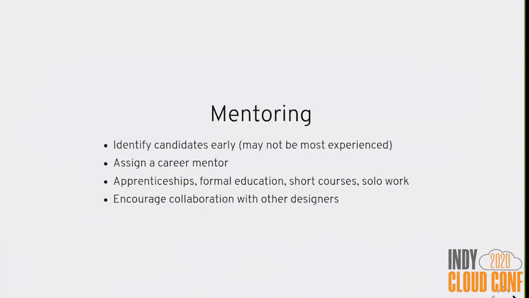Send them to conferences like this one, whether they're online or in person, so that they can work with and learn from others who are doing that skill, which is different than programming. These are all things that the design world does. We in the tech world need to do this, because system architecture, system design is a creative design field, not an engineering field.